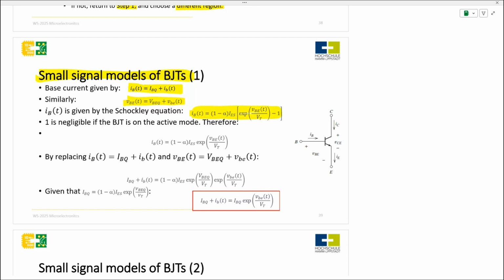We already discussed this before. The 1 is negligible if the BJT is in the active mode. So remember, the 1 can be dropped if it is in the active mode.